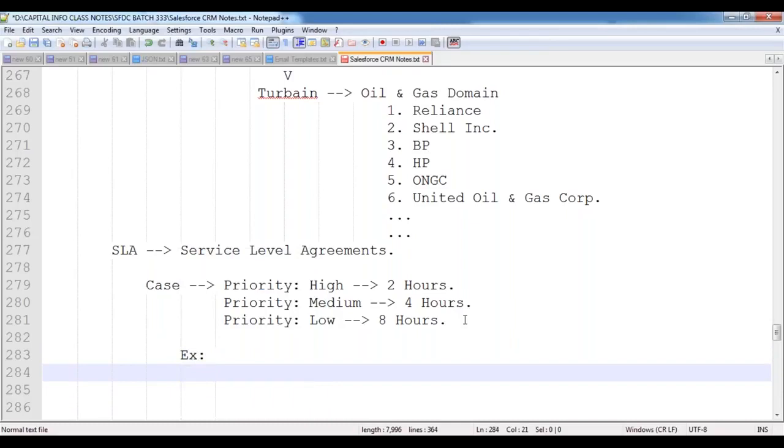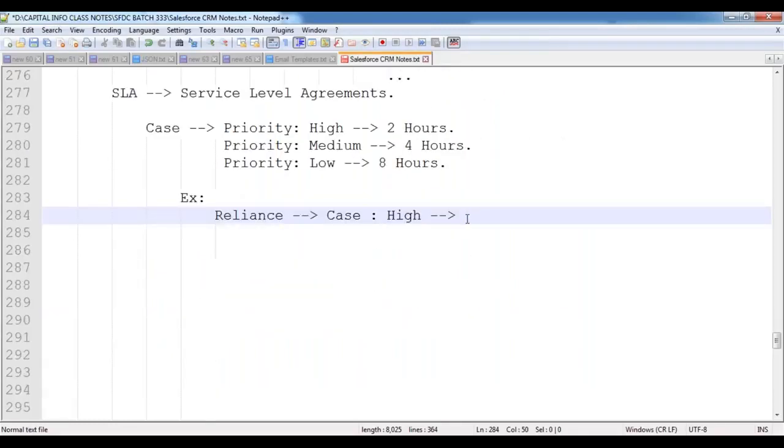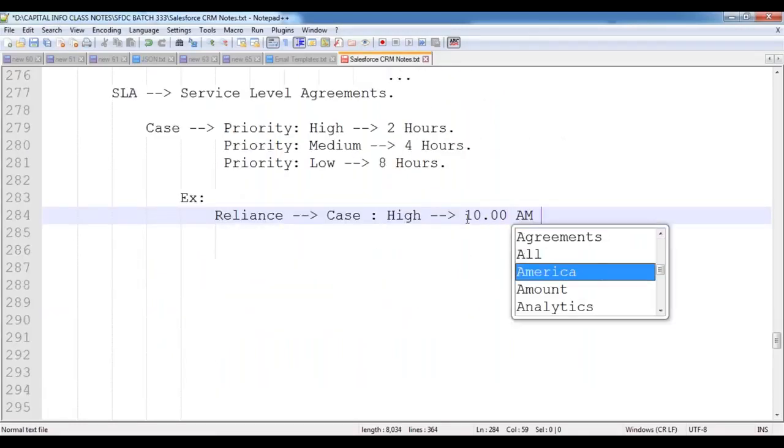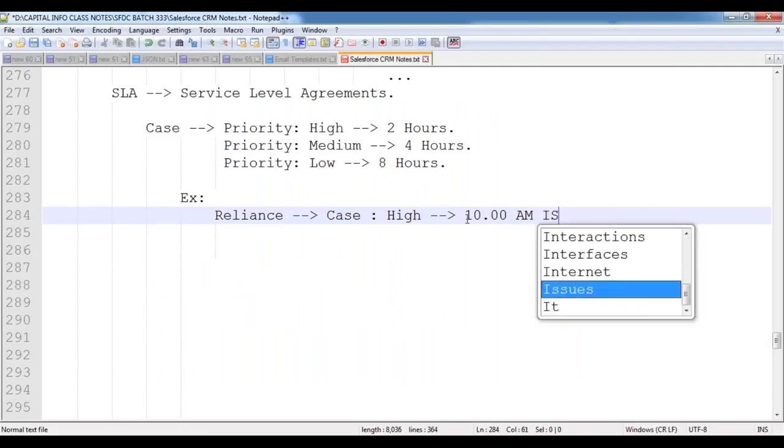For example, assume that today Reliance people are facing a problem with the product. So they have raised a case. What is the priority? High priority. They have raised a complaint with high priority, in the morning at 10 a.m. IST.